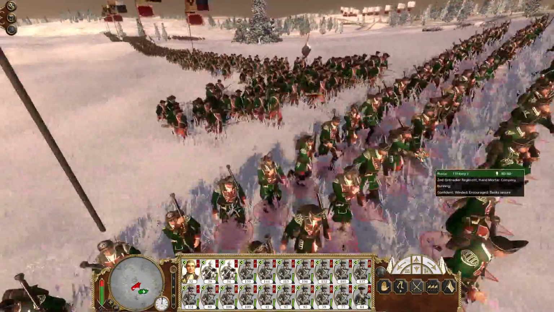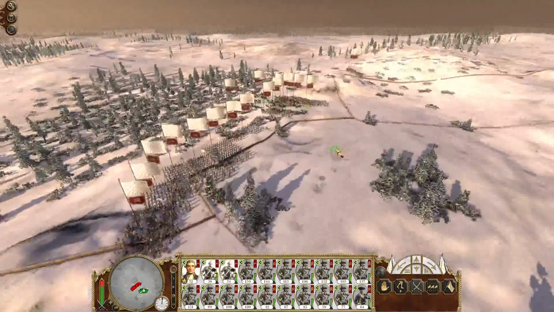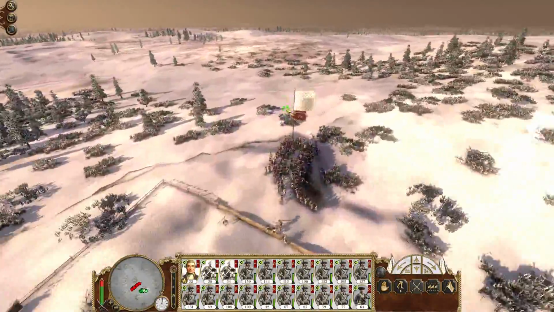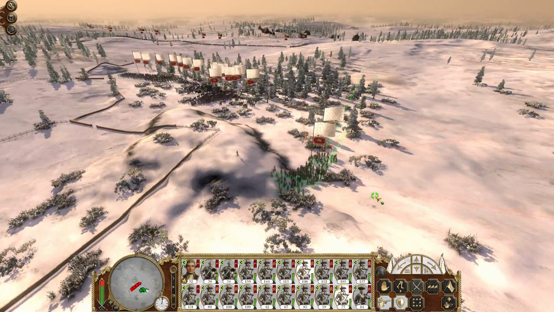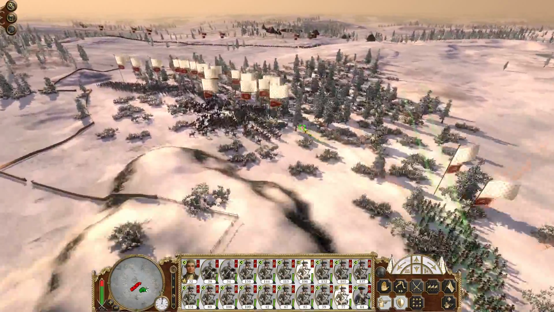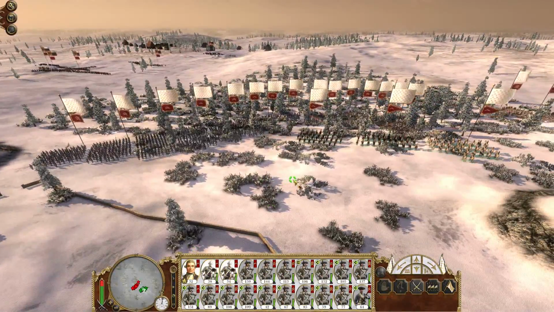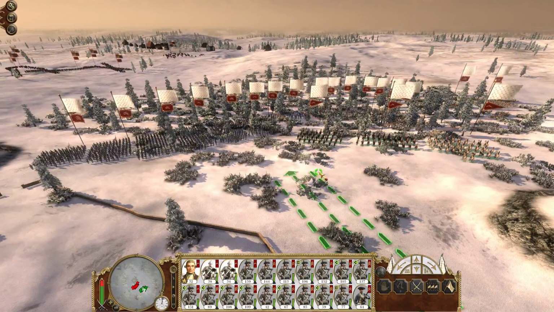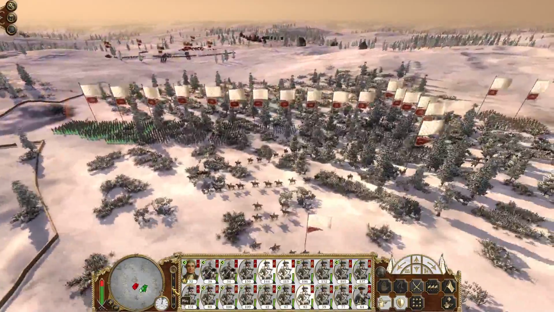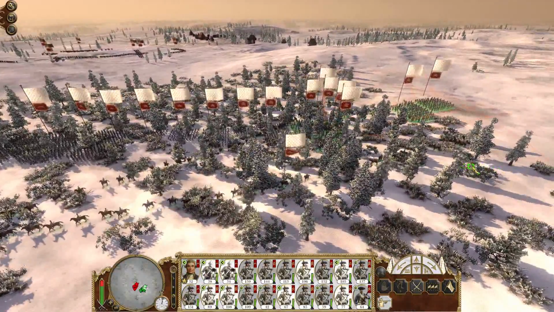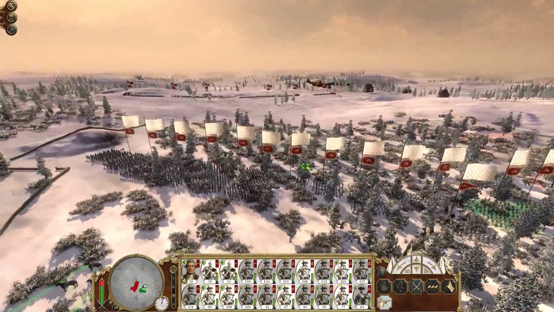Okay, they'll go into a straight line here. I think that their troops are quite numerous indeed, actually, considering how they looked previously. It's not so bad.